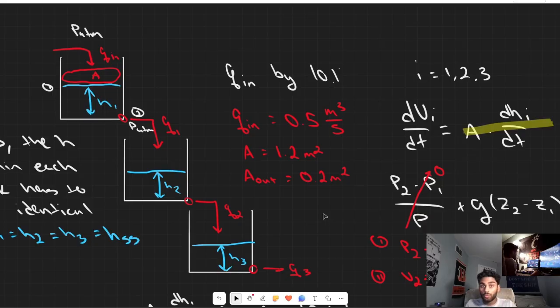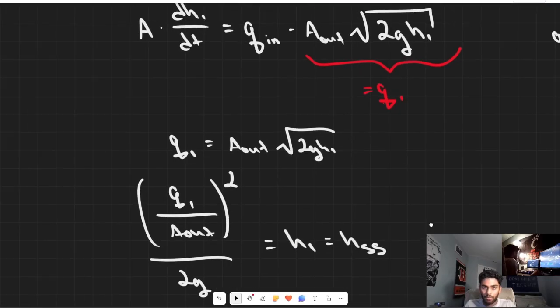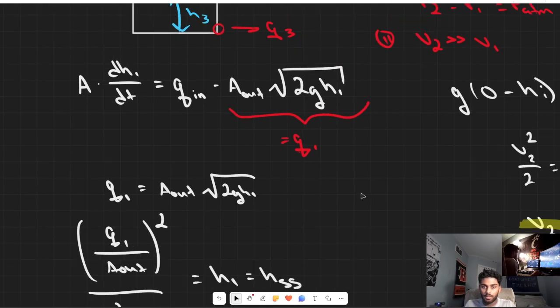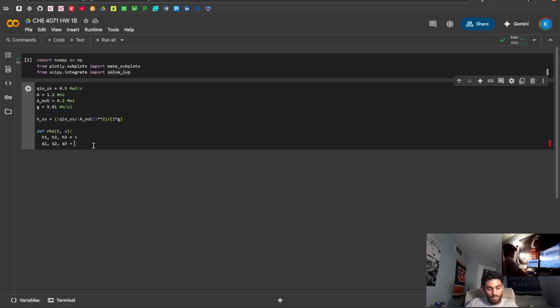So how do we get the flow rates? Well, we follow this equation right here for i equals 1, i equals 2, and i equals 3. So coding this into Python will look something like this. For tank 1, we are going to use the outlet area times np.sqrt.